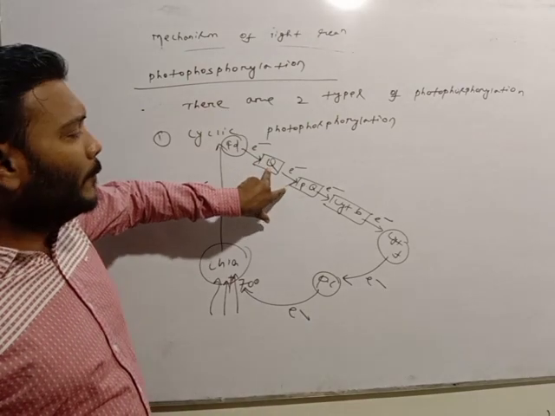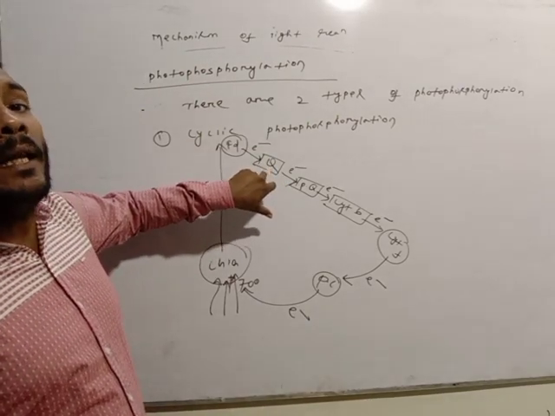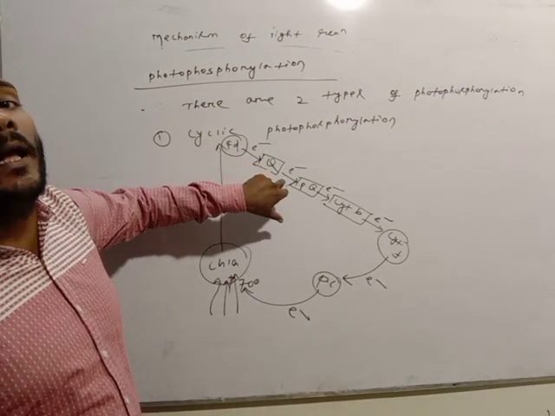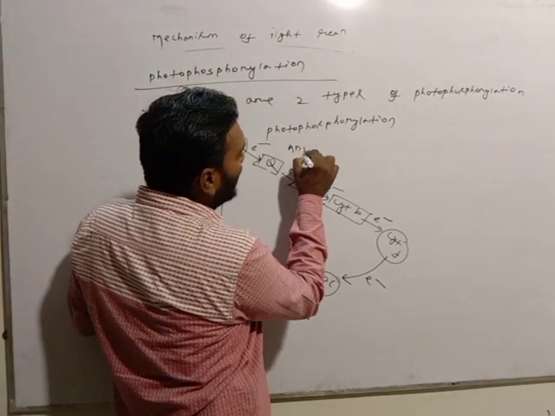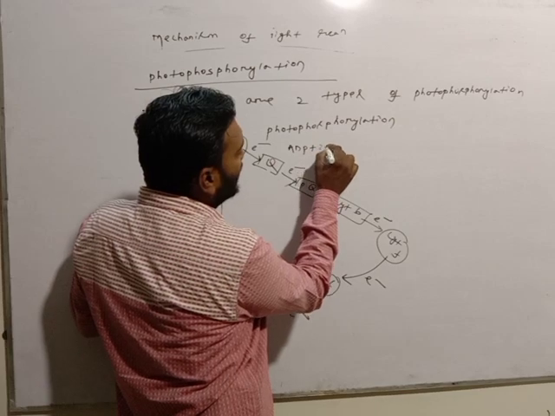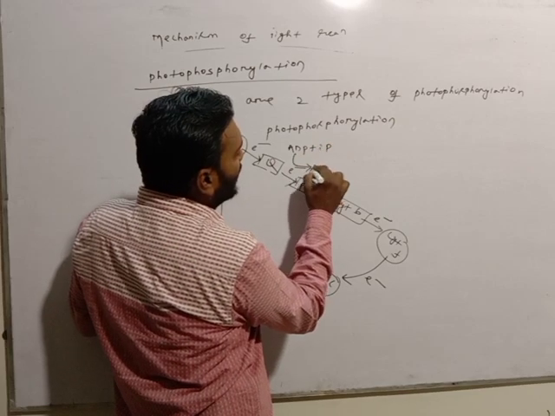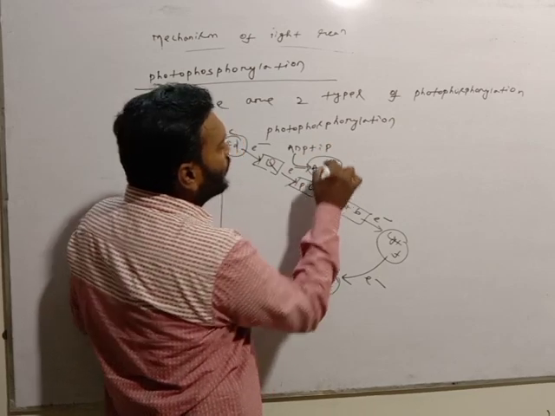Here what happened? In the movement of electron from quinone to plastoquinone, there is loss of energy. That's why ADP, your adenosine diphosphate, in presence of inorganic phosphate, is converted into ATP.